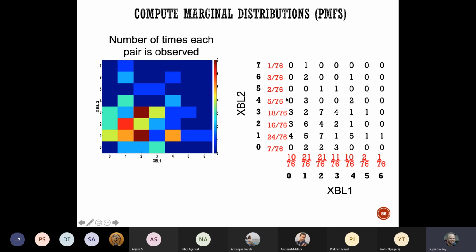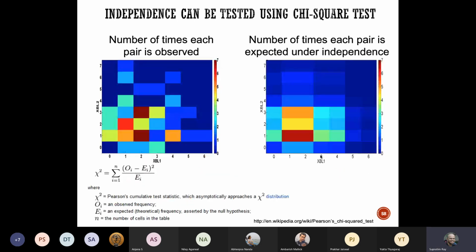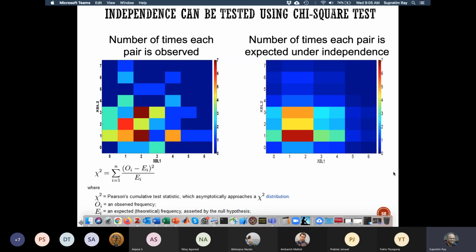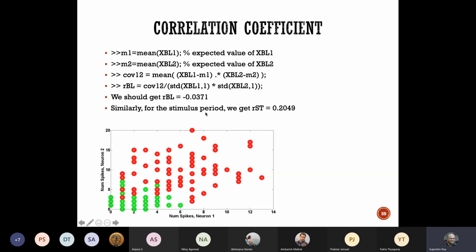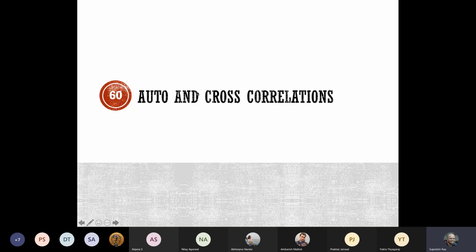So it has the same shape along any row as well as in any column. And then there is statistical testing that needs to be done to know whether these are different or not. The statistical tests I have not discussed, not something we'll cover in this class, but this is how we check for independence. And correlations, again, based on this formula here. So that's what we did in the previous class.